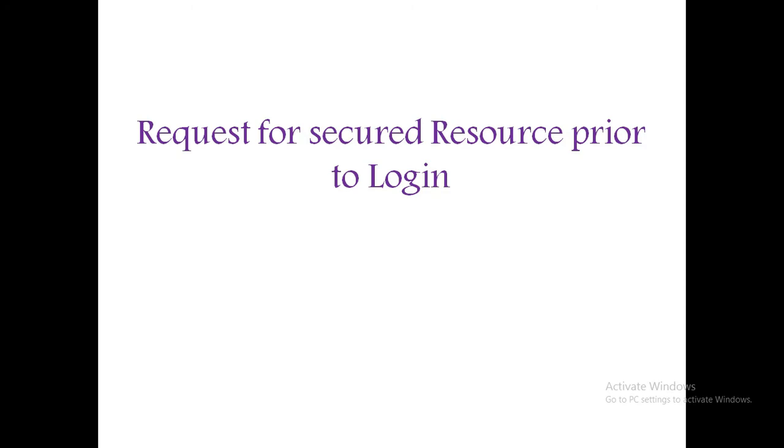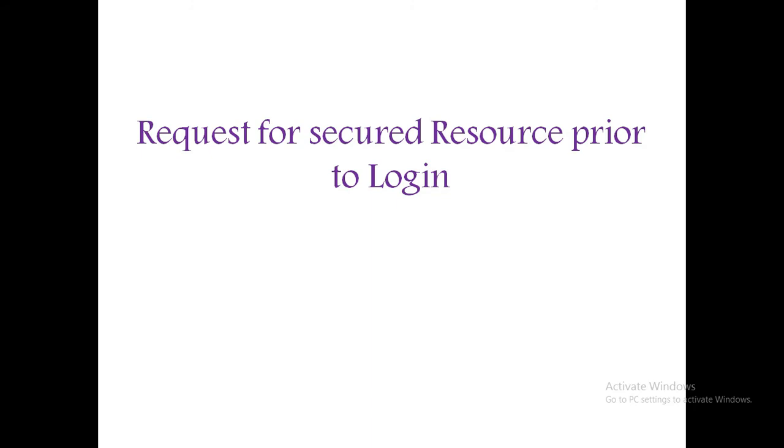If you are trying to access the Facebook home page, and you are not logged in, it will redirect to the login page. Means the home page is the secured one. Until and unless you are logged in, it will not allow us to access the home page. Means the Facebook home page is the secured resource. That is the kind of scenario here.